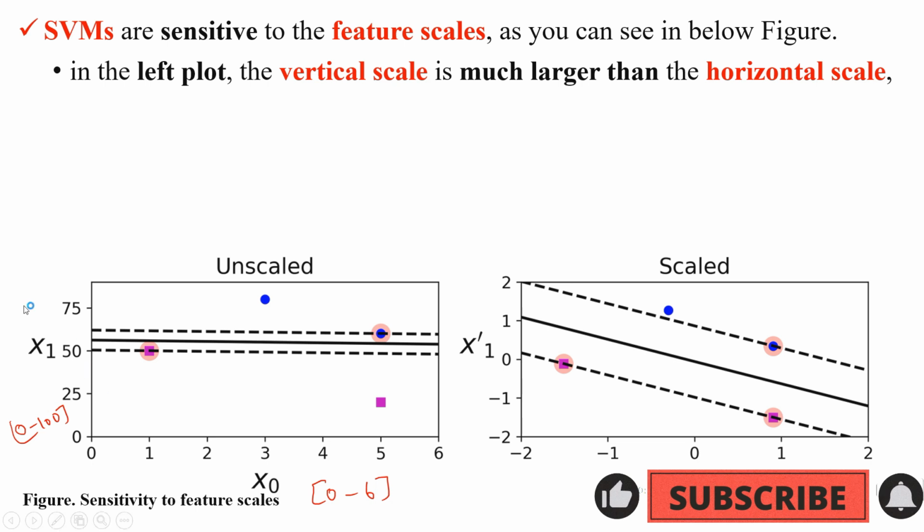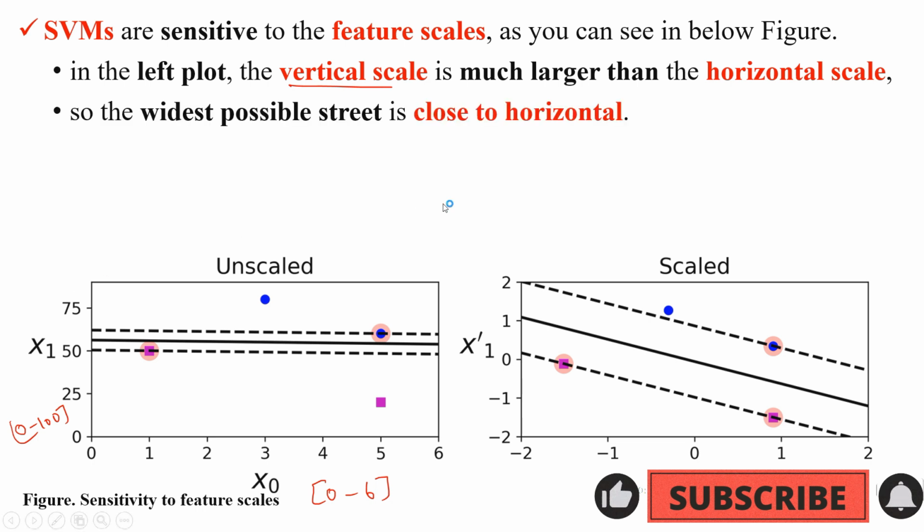In this example, the vertical scale is much larger than the horizontal scale, so the widest possible street is very close to the horizontal.